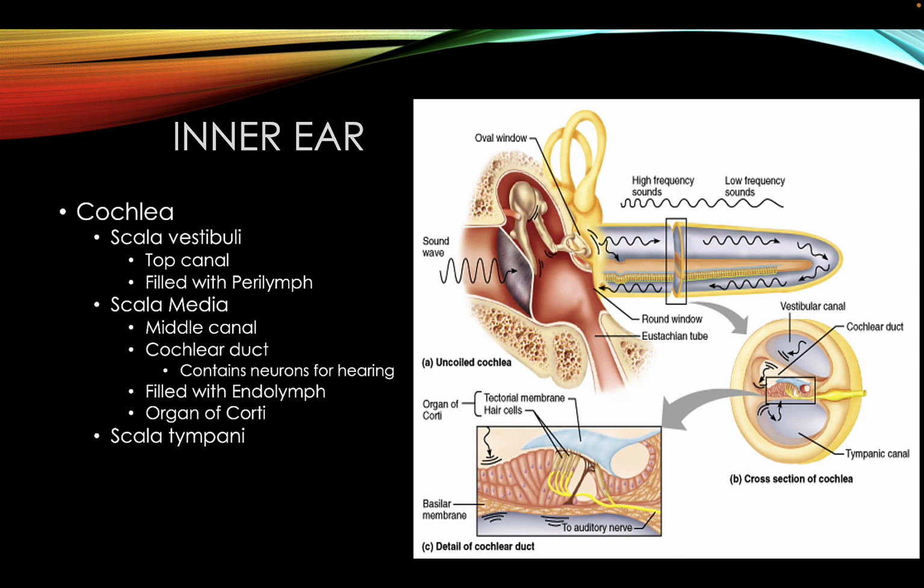The scala tympani is this bottom canal here, and this is also filled with perilymph, and it is continuous with the top canal or the scala vestibuli. So we're going to talk about each of these, and we'll talk about how sound is traveling to be able to stimulate the auditory nerves for hearing.